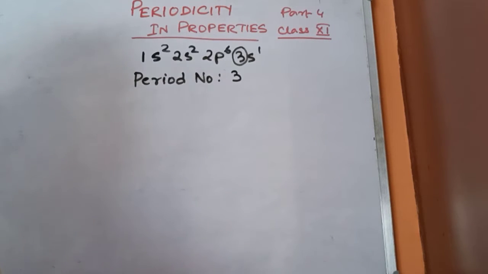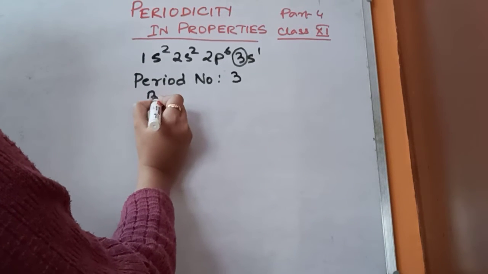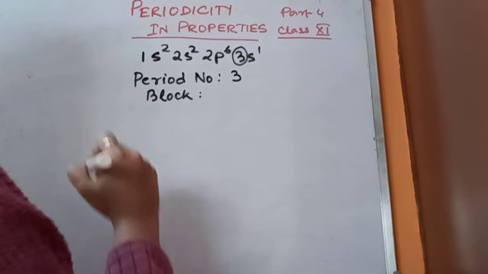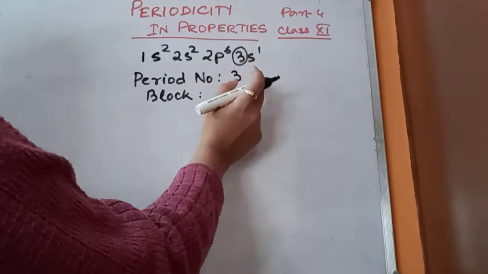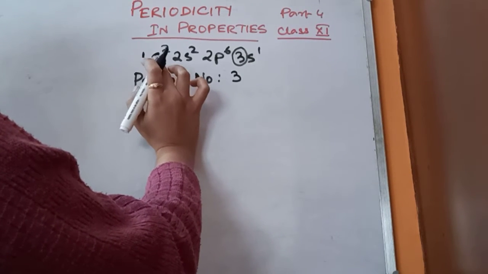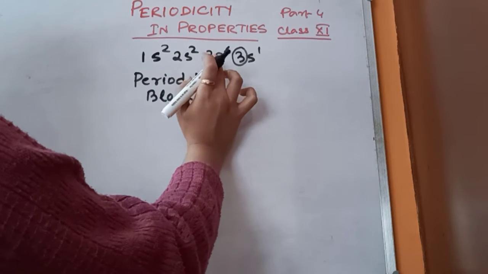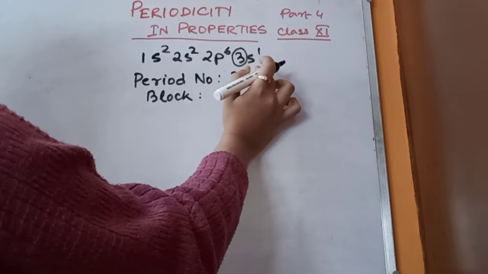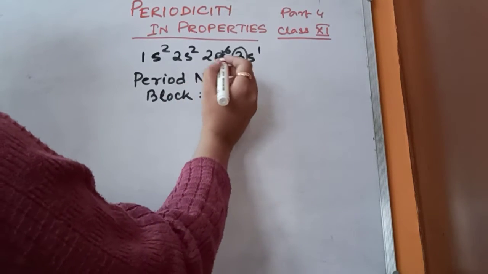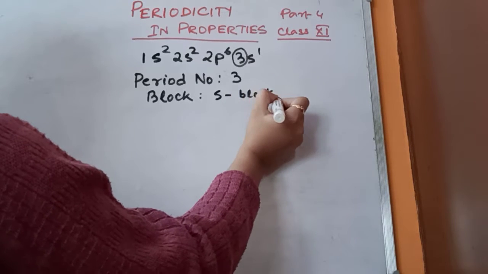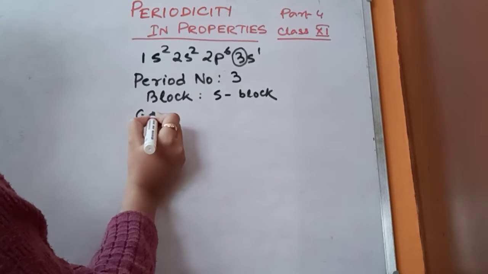For finding out the group, you have to find out which block this element belongs to. The last electron has entered after the filling of the 1s orbital, 2s orbital and 2p orbitals. The last electron has entered the 3s orbital, so this element belongs to the s block. Now the group.